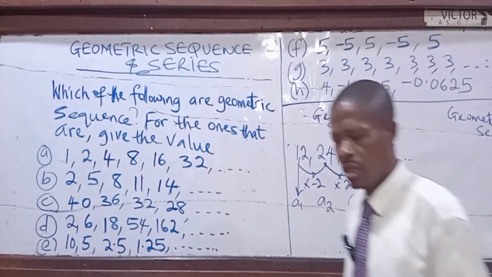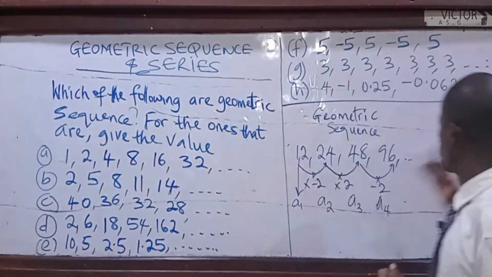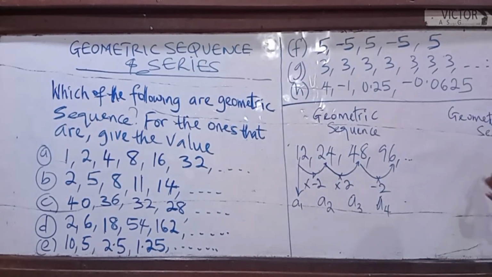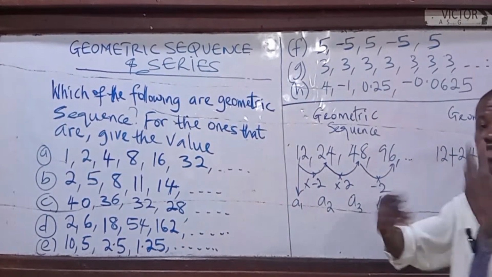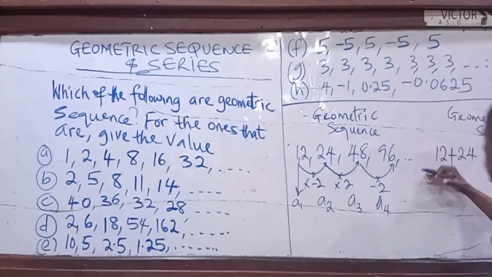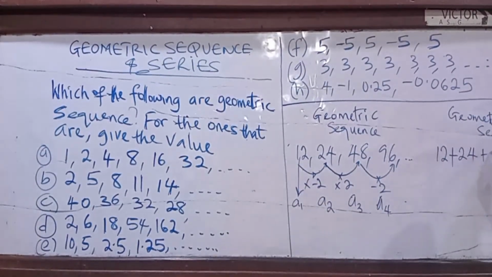Then if you look at series, it's the same thing, but the terms must be in addition form: 12 plus 24 plus 48 plus 96.